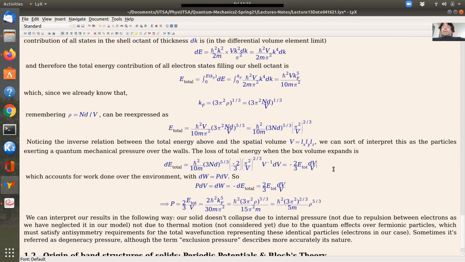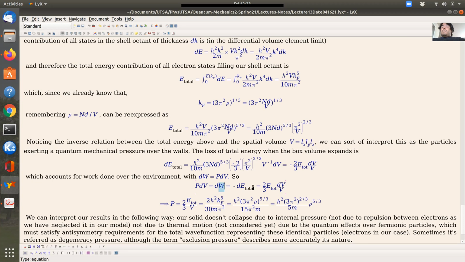So we can also interpret this that in this situation, when the box volume expands, this accounts for work done over the environment, where the differential of work is the pressure times the differential volume. So if you equate all these, basically the work done over the environment by applying this pressure over the walls, the differential of work is equal to minus the differential of total energy, which gives you this.